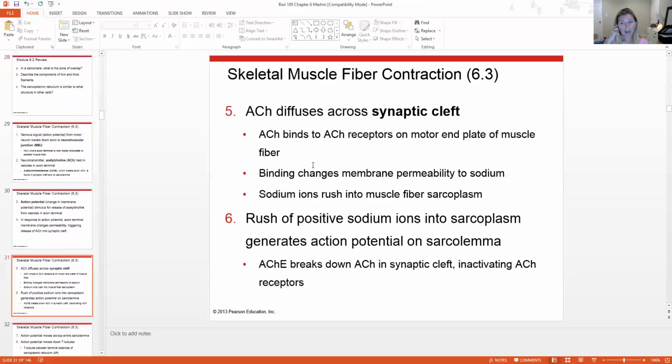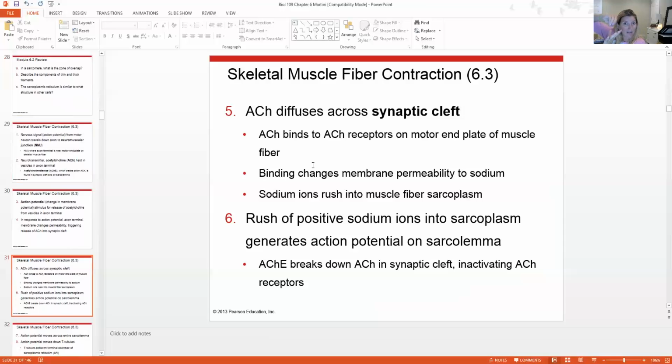This rush of positive sodium ions goes into the sarcoplasm, generating this action potential, changing the membrane potential of our muscle cell. Acetylcholinesterase, AChE, waits in that synapse, in that area where the neuron and the muscle cell are near each other.